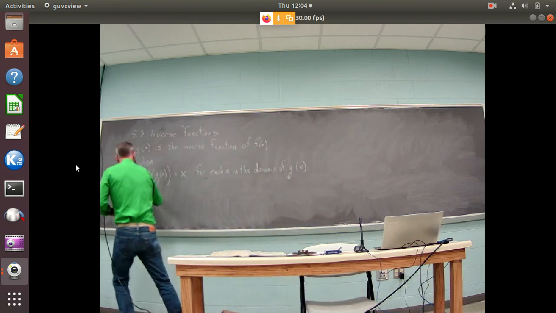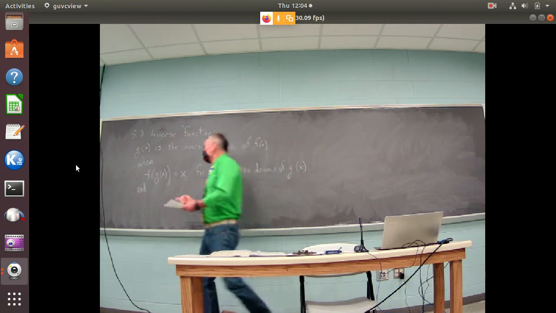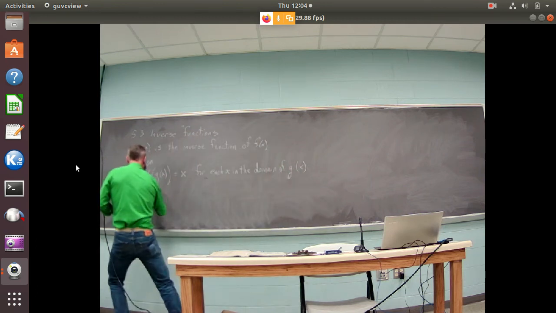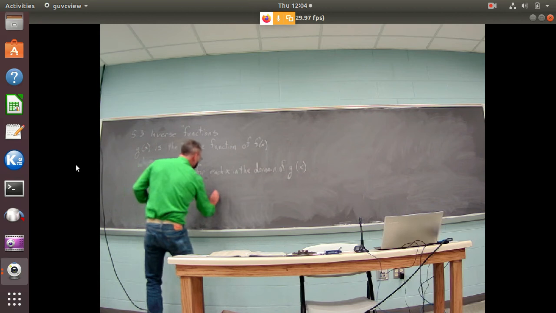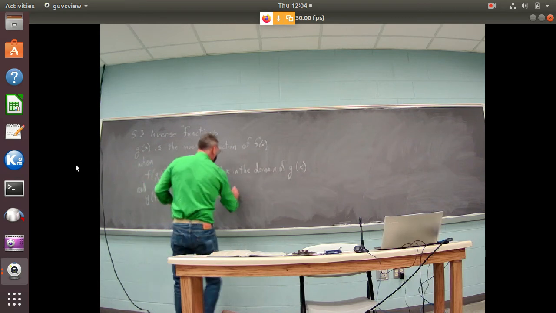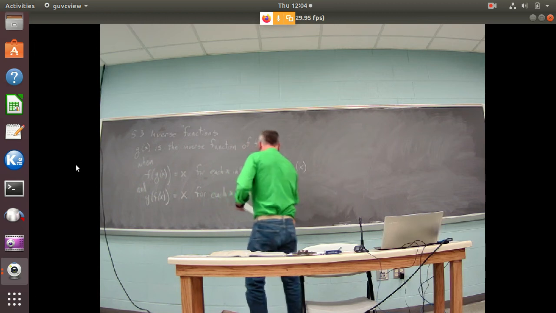And both of these things have to work. And g of f of x, so composition the other direction, also gets you back to x, for each x in the domain of f.